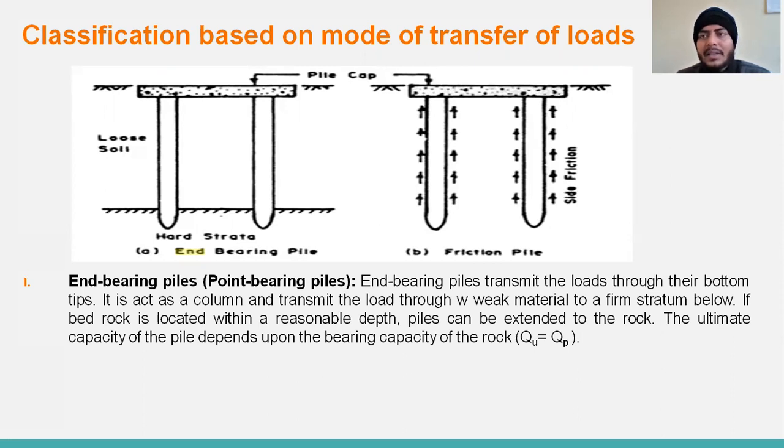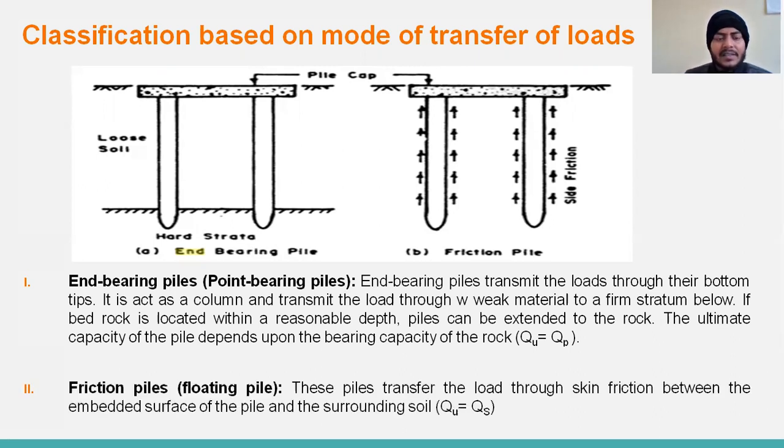In between there is loose soil, which will not participate in sharing the load coming on the pile. Whatever load comes on top of the pile will be resisted by the bottom tip of the pile. So in this case, we can write Qu equal to Qp.